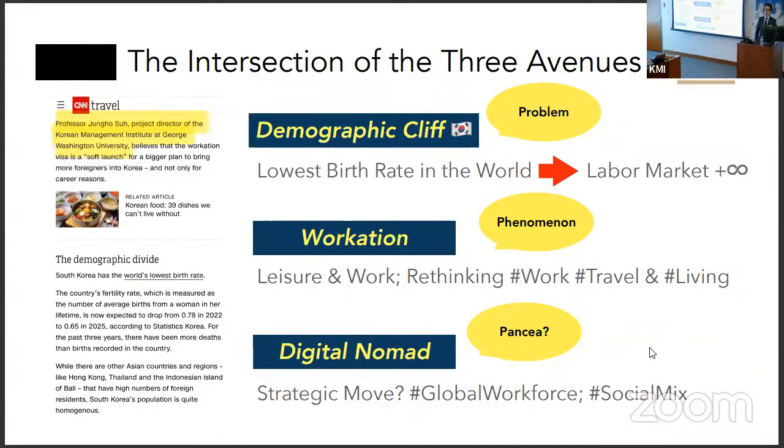So, is that a strategic move by the South Korean government, Ministry of Justice, to attract a more diverse global workforce? South Korea has historically been quite a homogeneous society. So is there a chance that we can achieve a higher level of social mix out of it? So that's the idea of these three sections.